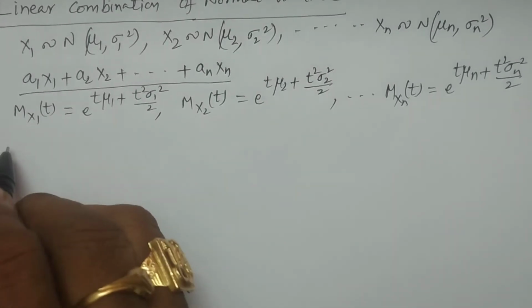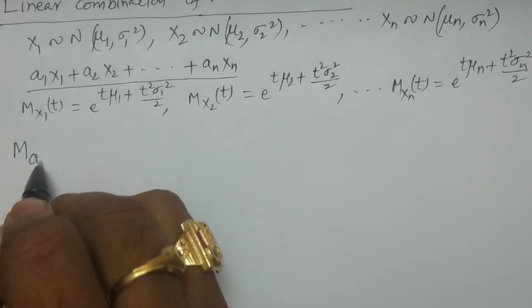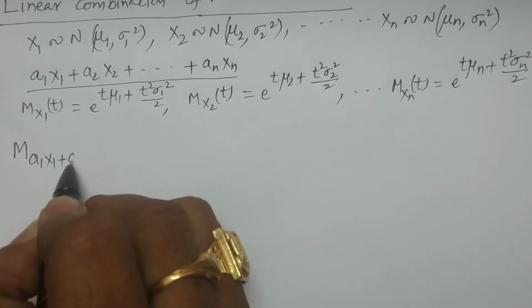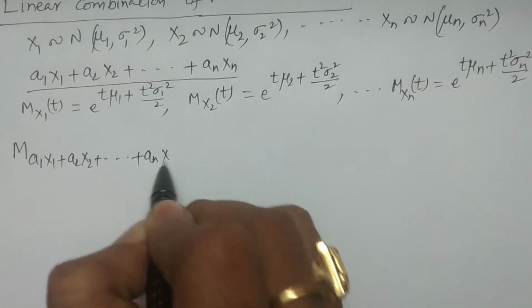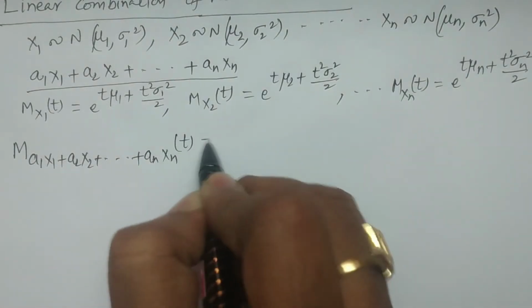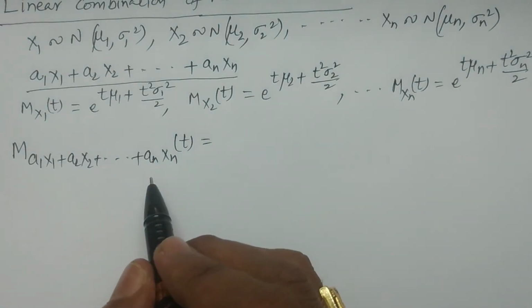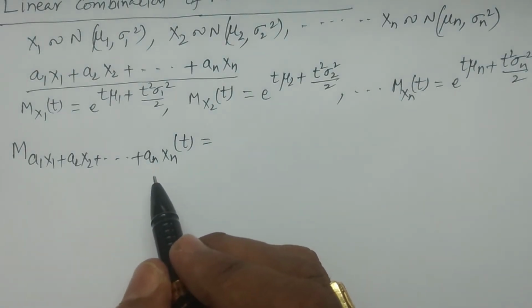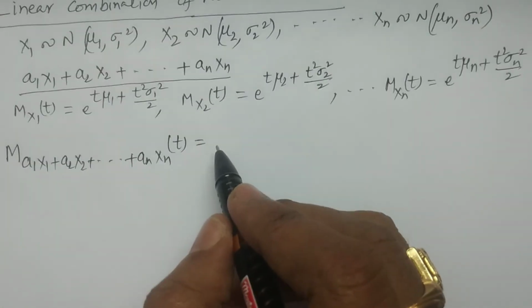Now I consider the moment generating function of a1 x1 plus a2 x2 plus and so on plus an xn, the moment generating function of this linear combination of the n independent normal variates.